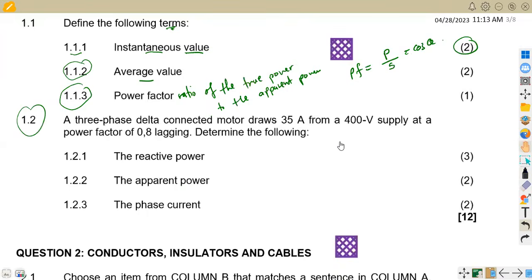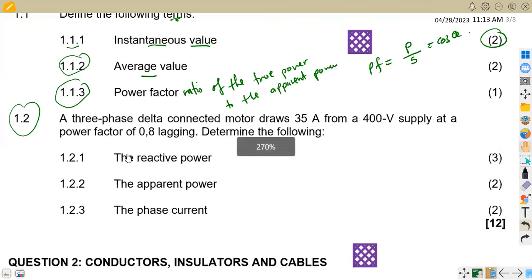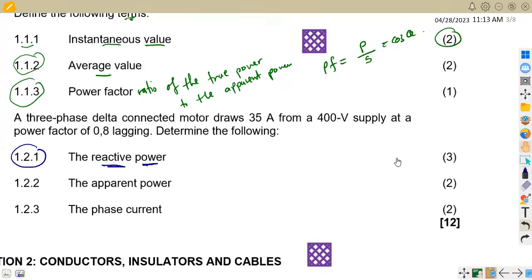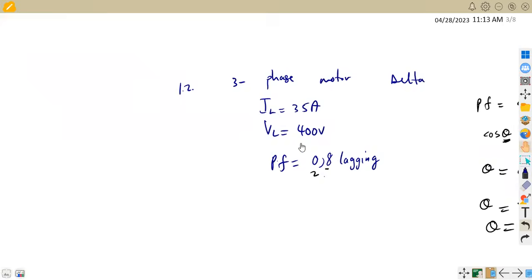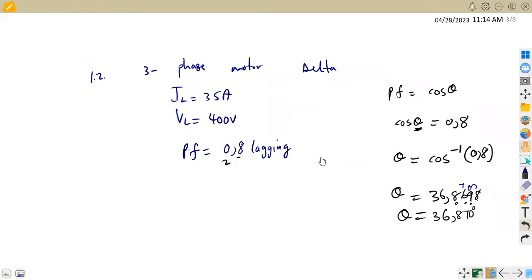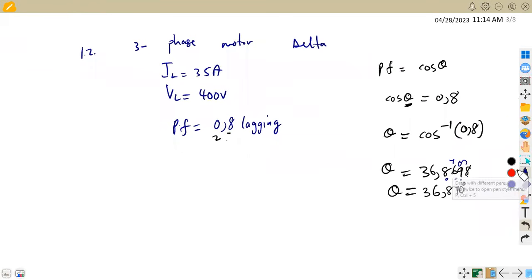All right. So now we can attempt our question. The first part of the question is to determine, or to calculate, the following. 1.21, the reactive power. Remember that reactive power can be calculated from the line current and the line voltage. This is Q representing the reactive power.